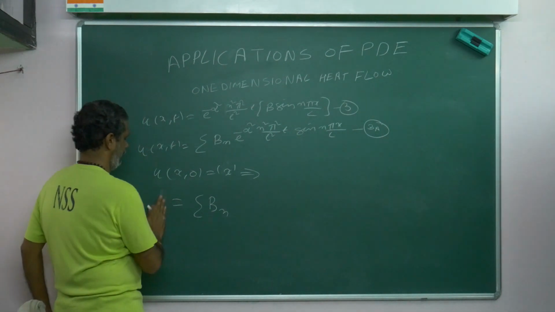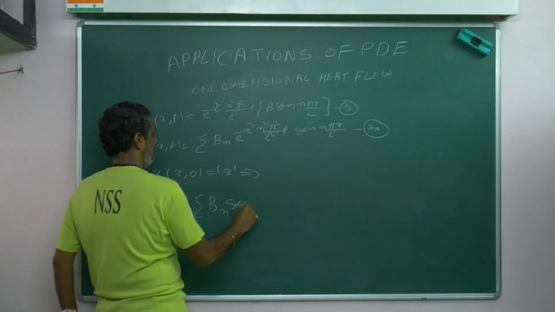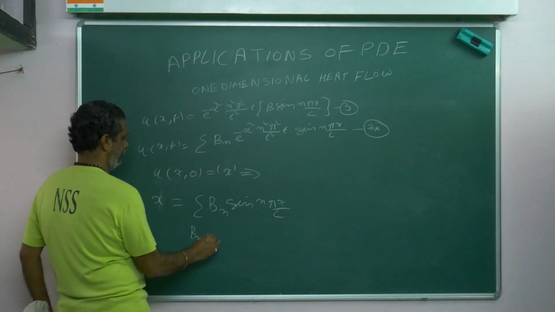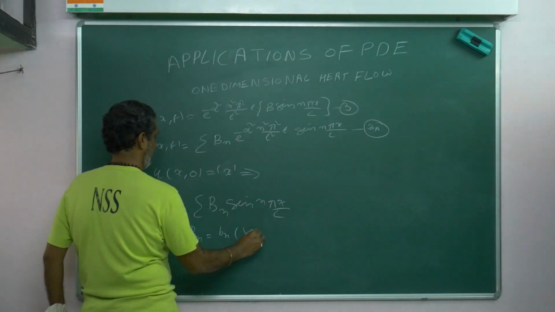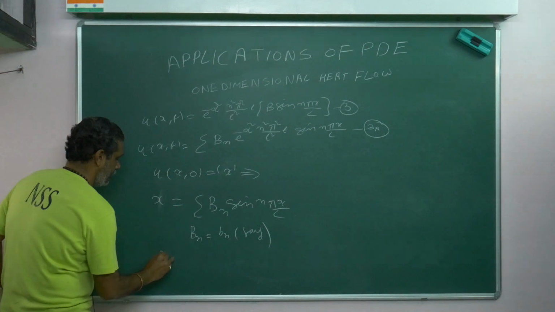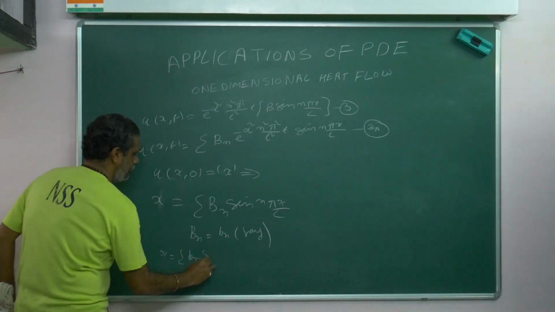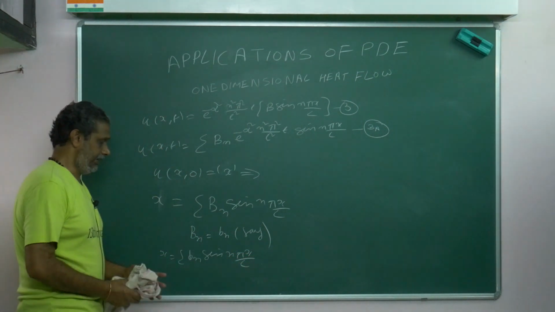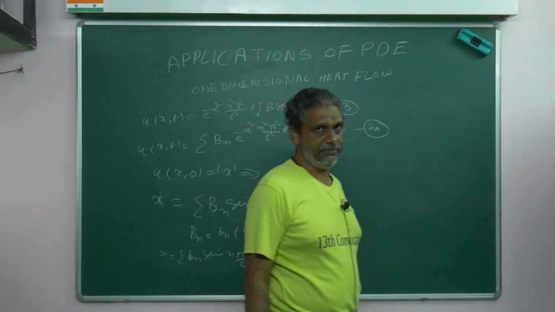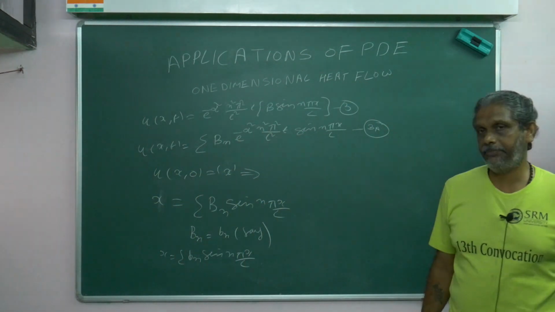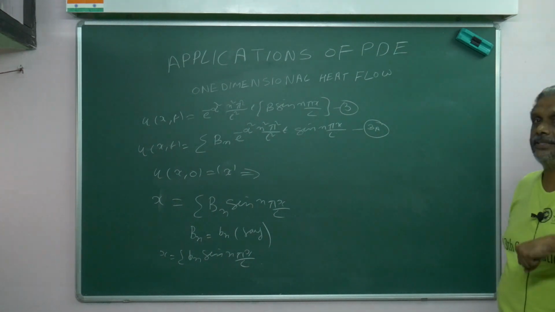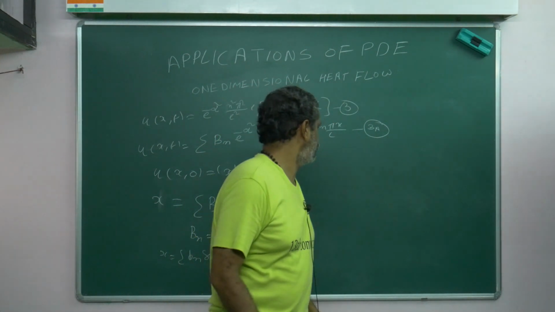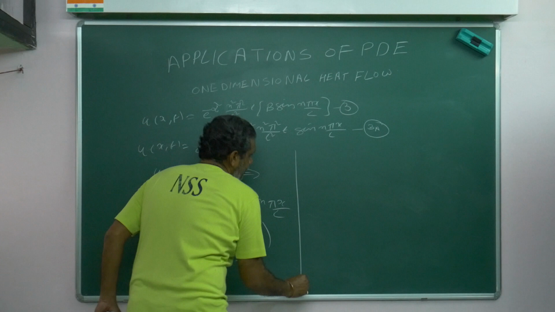Put t is equal to 0, the exponential becomes 1, then sigma bn sin n pi x by L. This Bn I will call a small bn. So x is equal to sigma bn sin n pi x by L. At this stage, what you are understanding is that any function f of x, if I am able to write it as sigma n is equal to 1 to infinity bn sin n pi x by L, means I am expressing f of x in terms of a half range sine series.